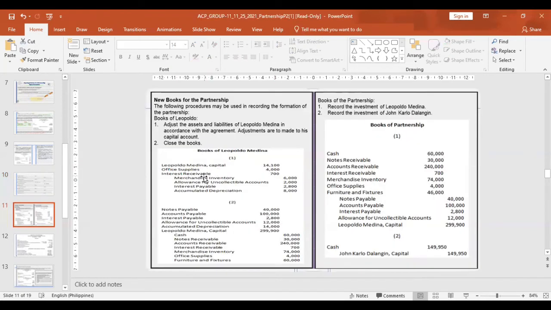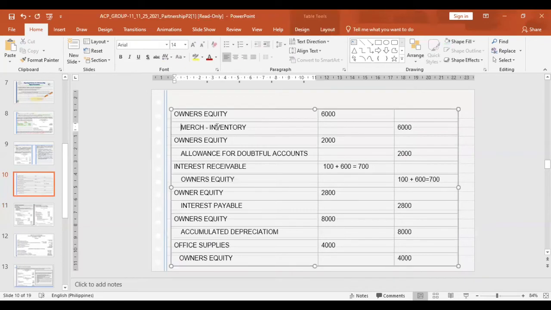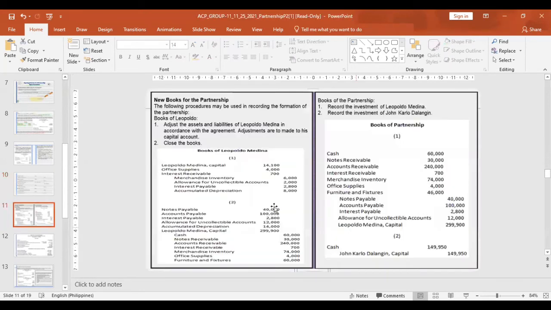And then, naka-credit dyan, merchandise inventory, 6,000, 2,000, 2,800, 8,000. Which is, yun din yung nandito sa atin. Merchandise inventory, yung allowance for doubtful accounts, yung interest payable, tsaka accumulated depreciation. So, 82,826. So, dito din, 82,226 naman. Ganun lang siya, i-adjust mo na lang yung mga account doon.